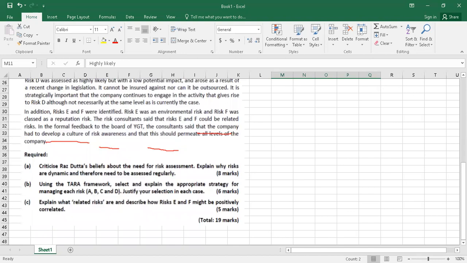What are we supposed to do? Using the TARA framework, decide what the risk response strategy is, and not only that, we also have to justify our selection.